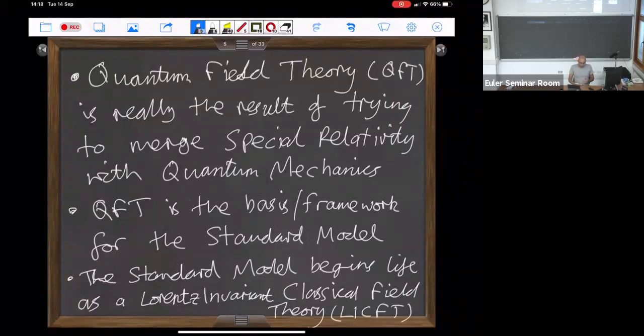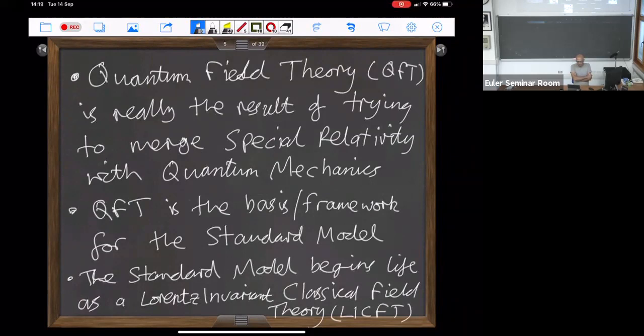The standard model of particle physics is an example of what's called a quantum field theory. So in this course, we're going to be talking about classical field theory. In the other courses, you'll be learning quantum field theory.